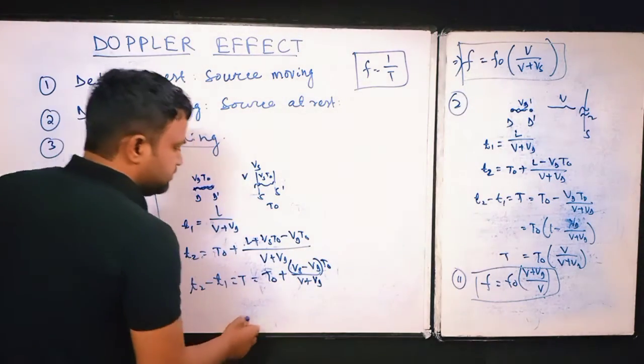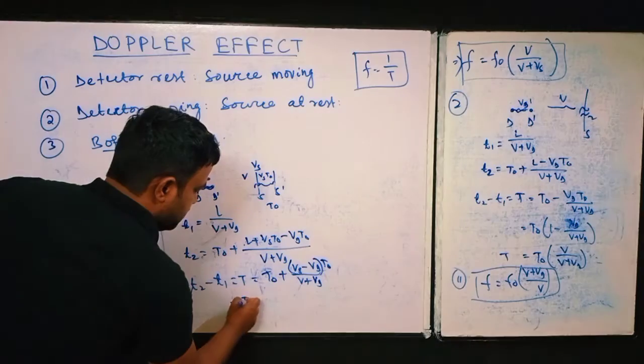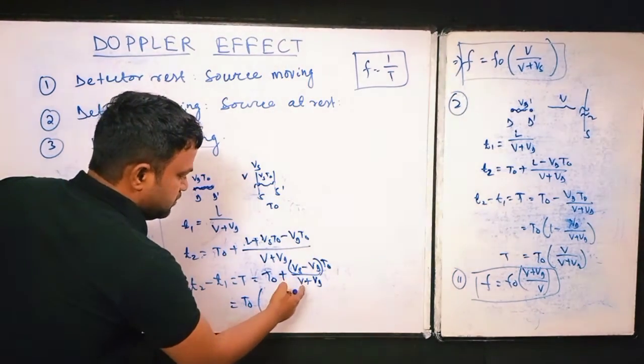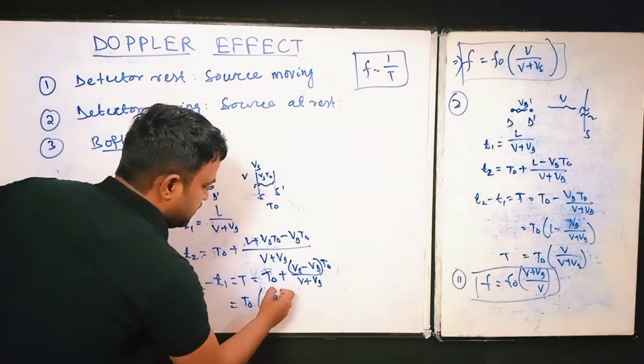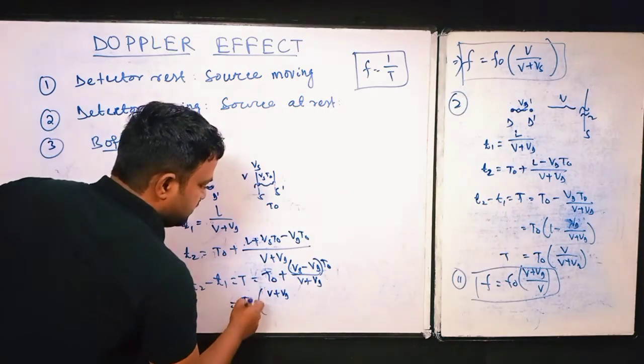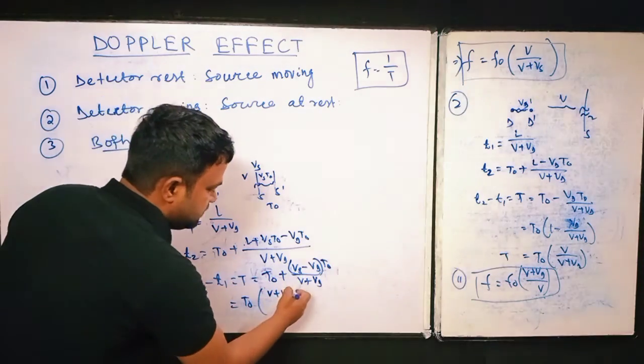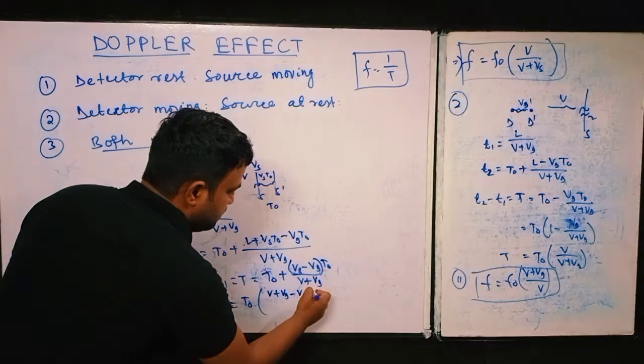If you take T0 common, it will be 1 plus, and for the LCM we multiply so it becomes V plus Vd plus Vs minus Vd.